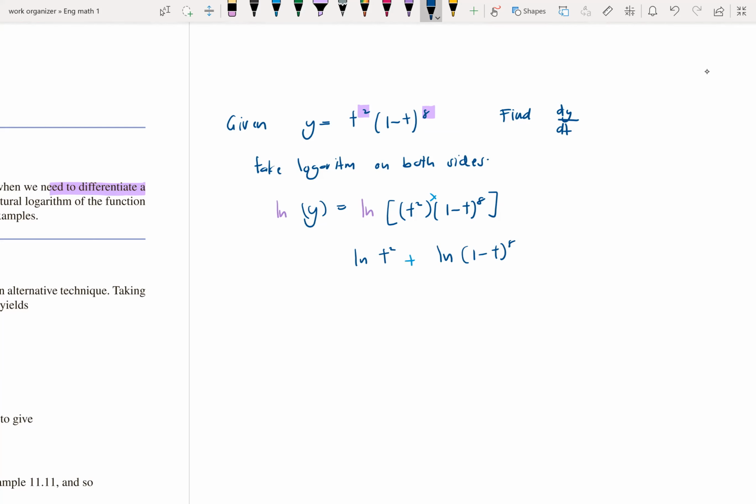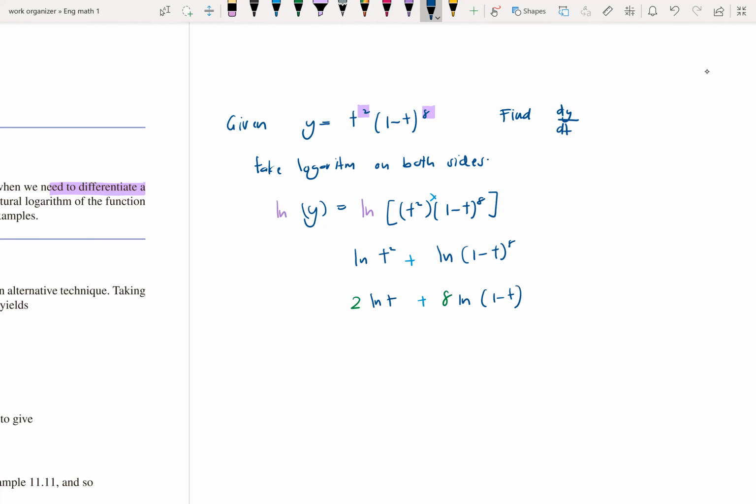Okay, so next, when we have a power, we can convert it into a constant. So it will become 2 ln t plus 8 ln (1 minus t).